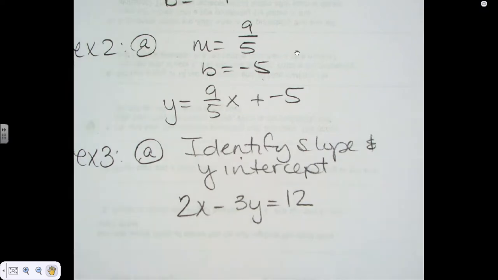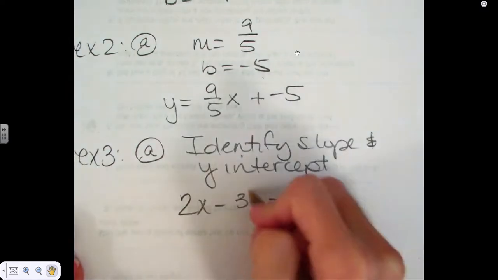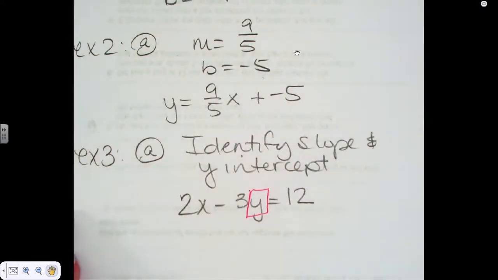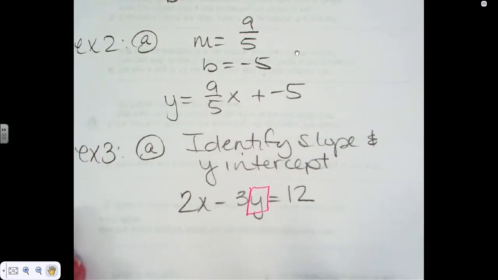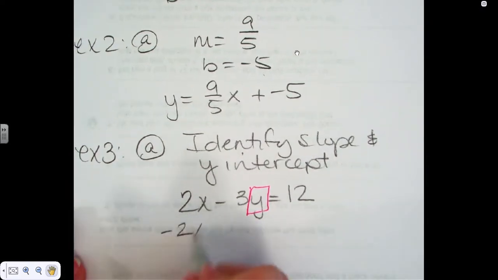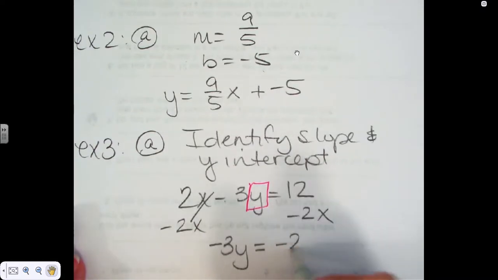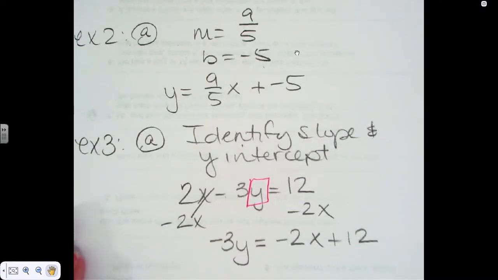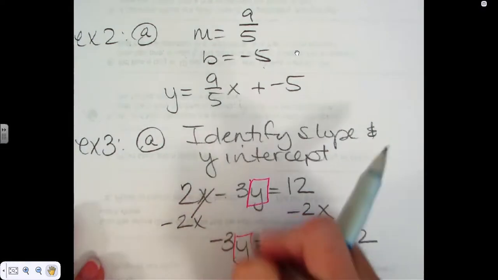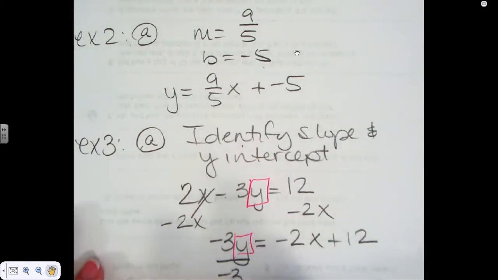So we have to take this equation and solve for y. This just goes back to regular equations. So I'm going to get rid of 2x by its opposite. This is a negative 3y, and I'm going to write it negative 2x + 12. I still want y by itself, so I'm going to divide by a negative 3, and I'm dividing everything by a negative 3.